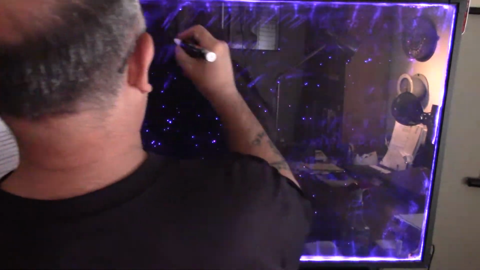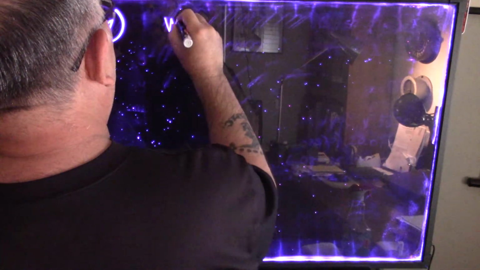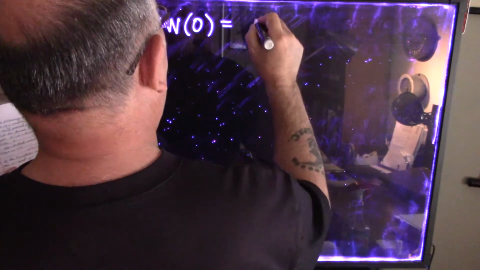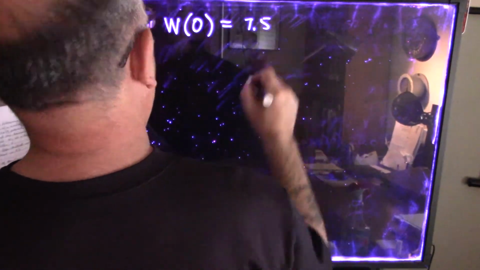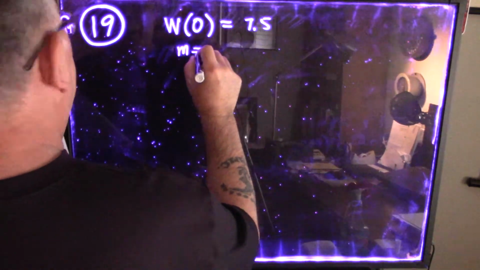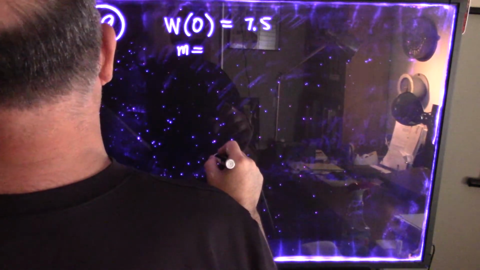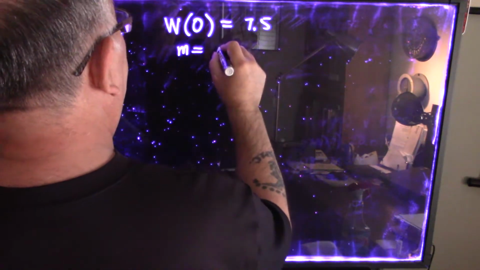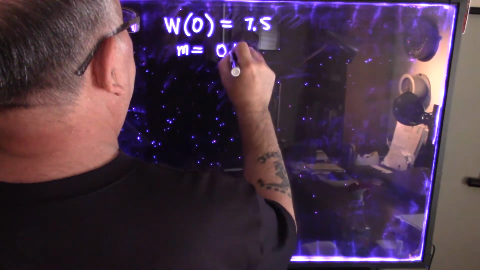So the initial value is 7.5. In other words, W of 0, when the model starts, the weight is 7.5 pounds. And the slope is given to us as a half pound a month, so 0.5.